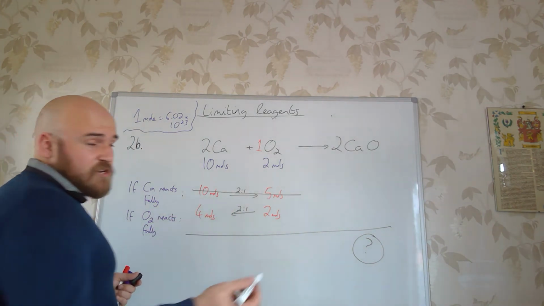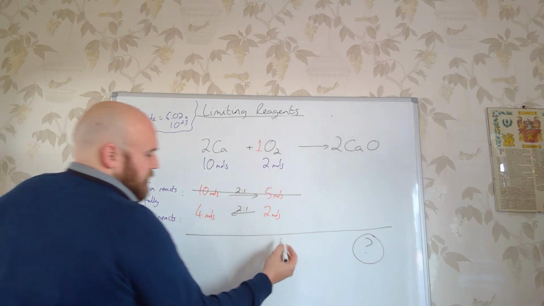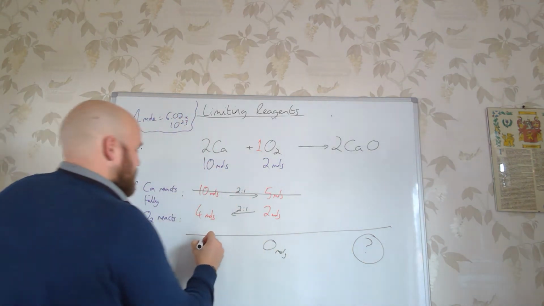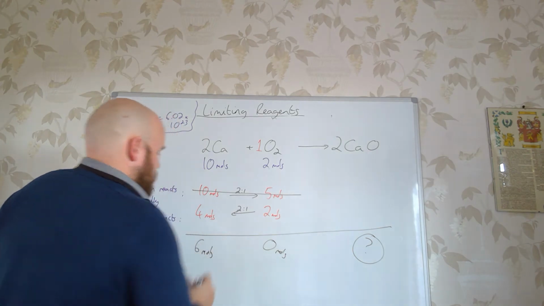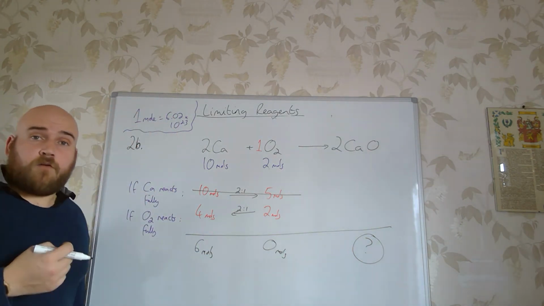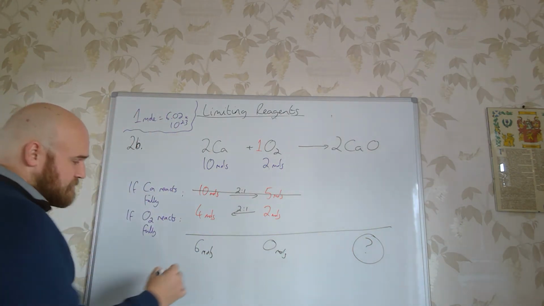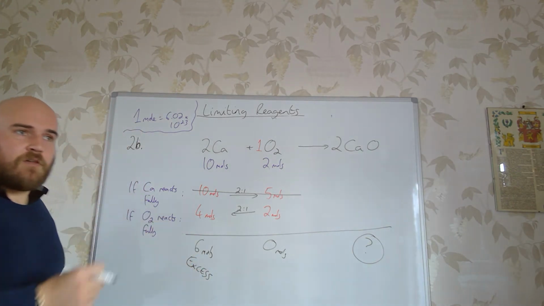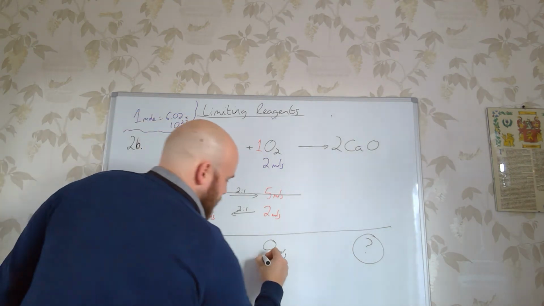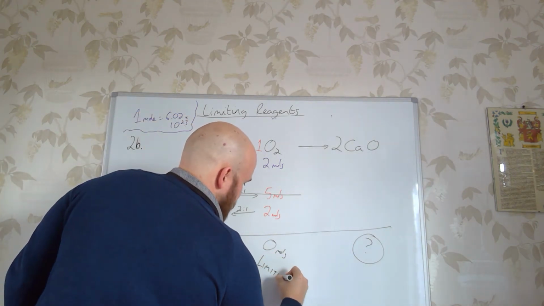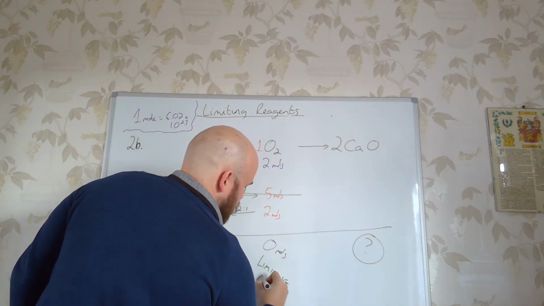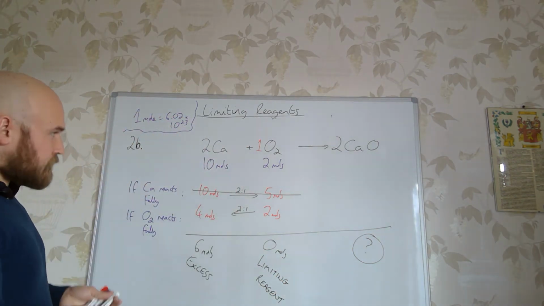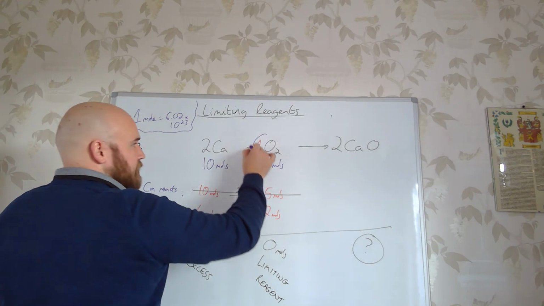Then I do a quick subtraction. 2 minus 2 is 0. 10 minus 4 is 6. So what have I got left over, and therefore in excess? It's this one here. So the calcium is in excess, which means the other one is my limiting reagent. And that's the one we use to work out how much product we are going to get. So what is my limiting reagent? It's oxygen.